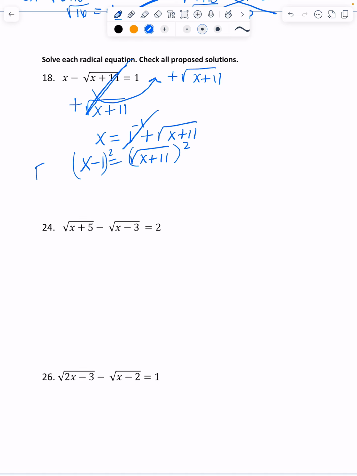Remember, I must FOIL a binomial. I can't just square the first and the last term because those middle terms are going to double. So when I FOIL that, I get x squared minus 1x minus 1x plus 1. And when I square a square root, I just get the base. So combining like terms on the left side, negative 1 and negative 1 is negative 2x.